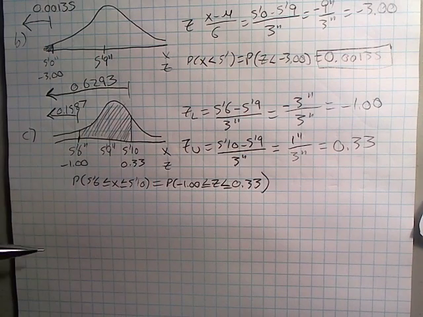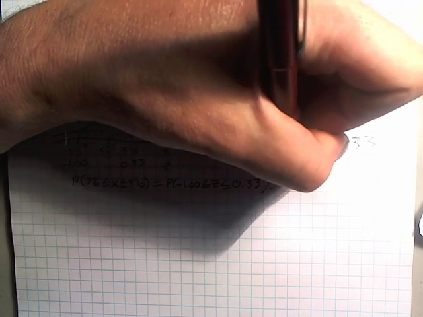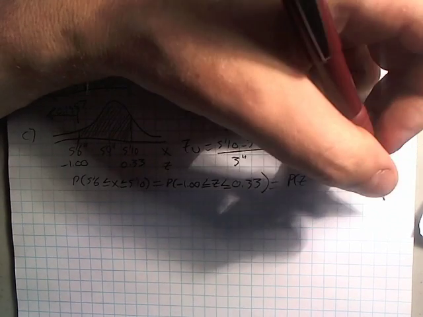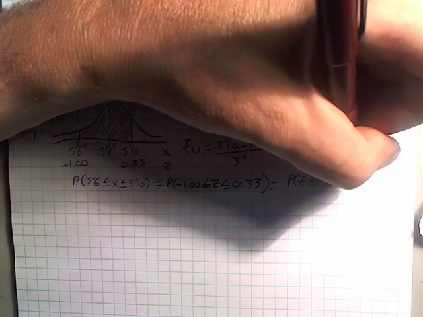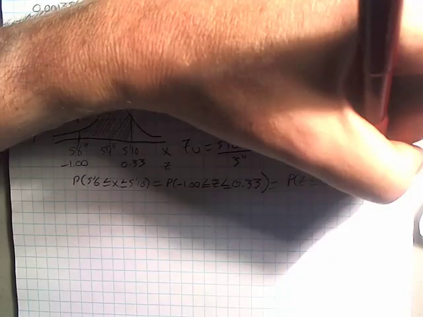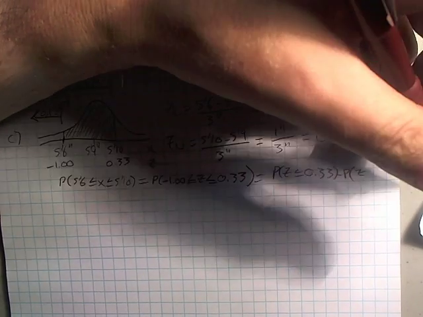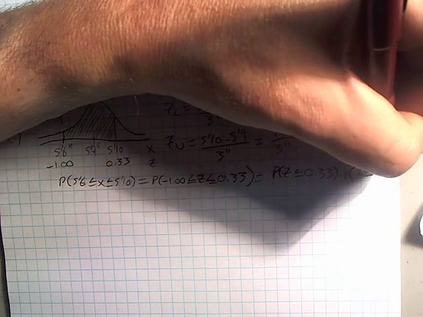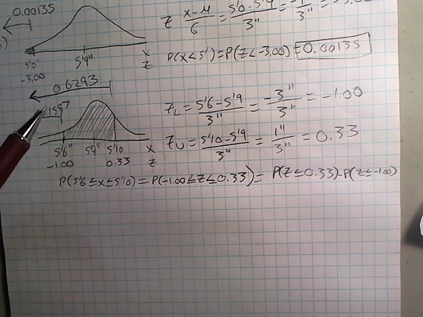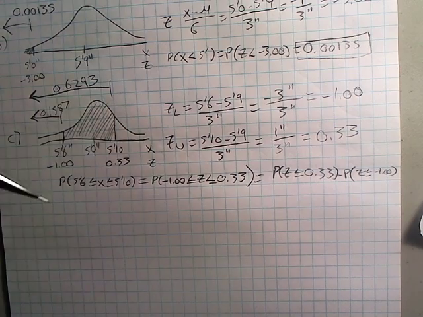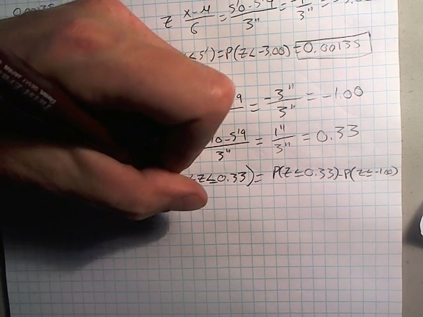And finally, the last thing we need to do here is figure out how much area lies between those two values, and that is going to be the larger value minus the smaller value of the area. So the larger area is 0.6293.